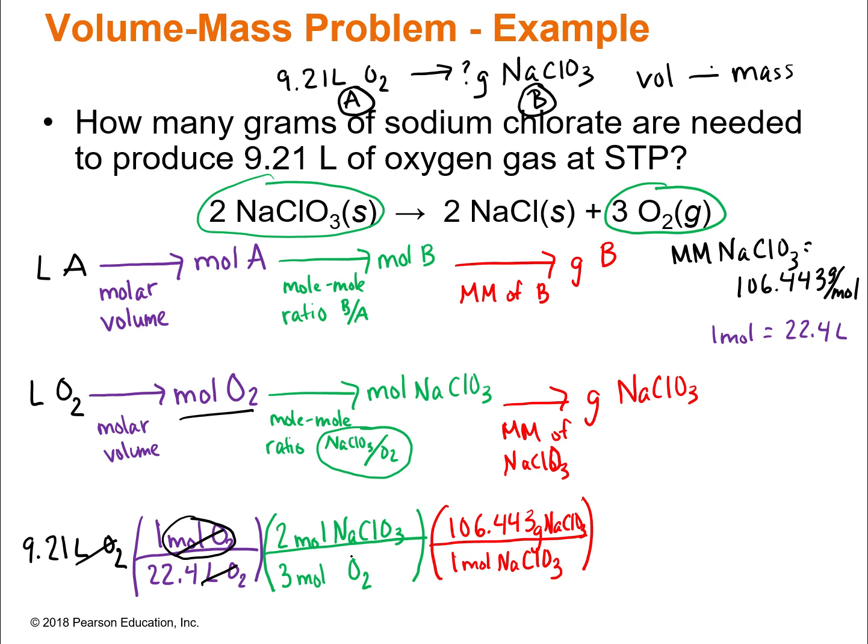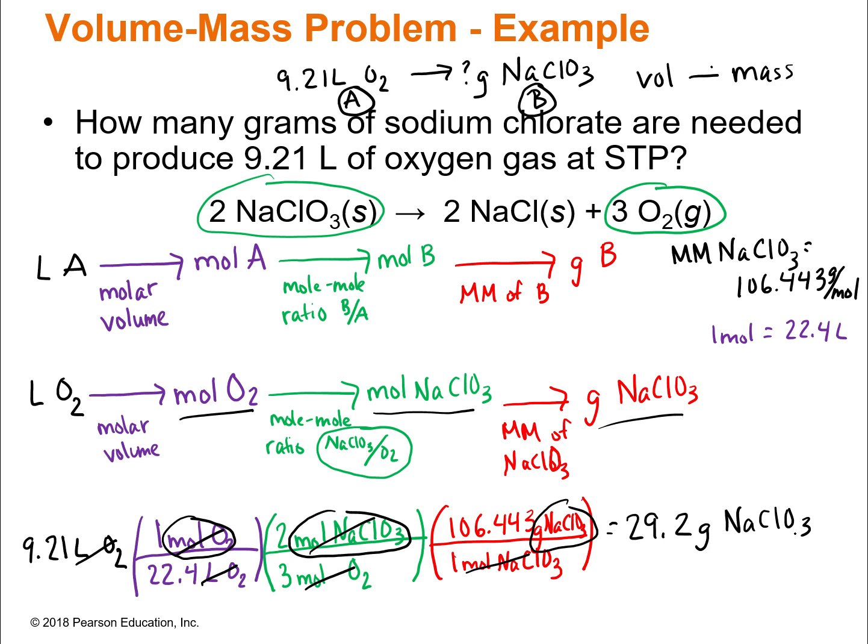So we got our moles of oxygen, then the moles of sodium chlorate, then the grams, which is what we were after. And when you put all of that into your calculator, you should get 29.2 grams of sodium chlorate.